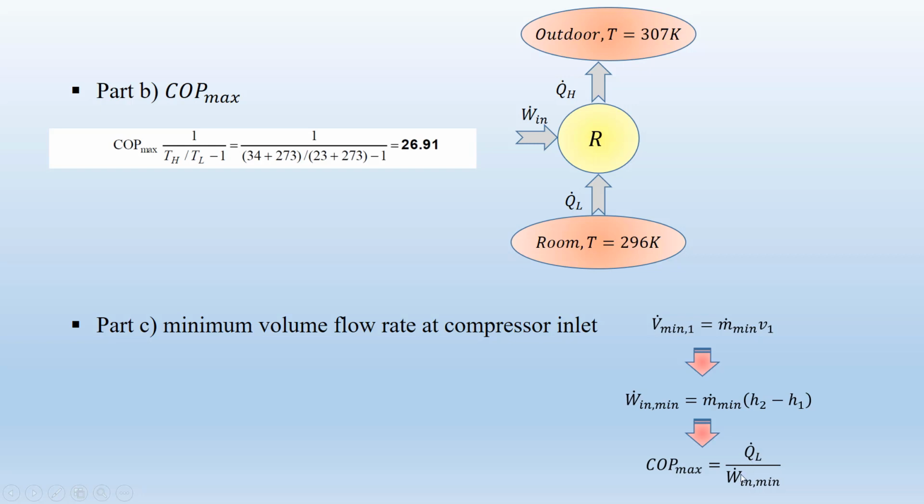If you substitute W dot in min in this equation, this COP will be the COP max at constant Q dot L. So to calculate W dot min, you need to use the COP max. Using W dot min, you can calculate m dot min, and using m dot min, you can calculate the minimum volumetric flow rate. Please pause this video and spend 3 minutes to calculate the minimum volumetric flow rate.